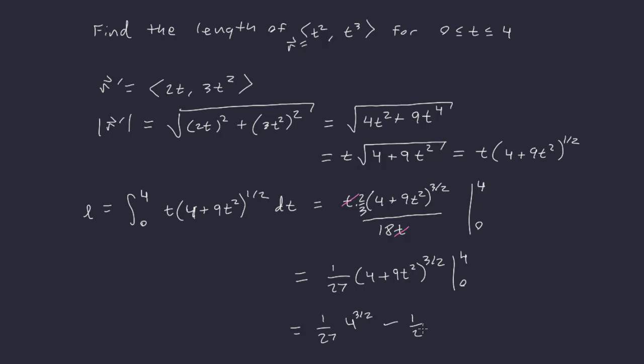Then minus 1/27, and when we put the 4 in, I'll get 9 times 16 plus 4, which will be 148. This really isn't going to simplify down in a nice way. This would be just 8/27 when we simplify, but the other won't. So I'm just going to crank it out in a calculator.